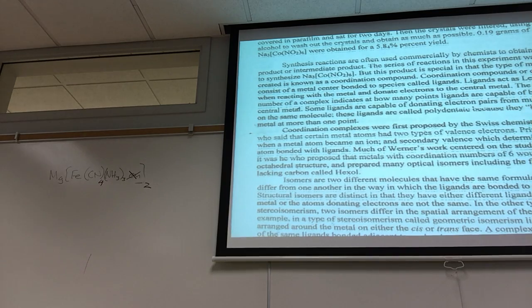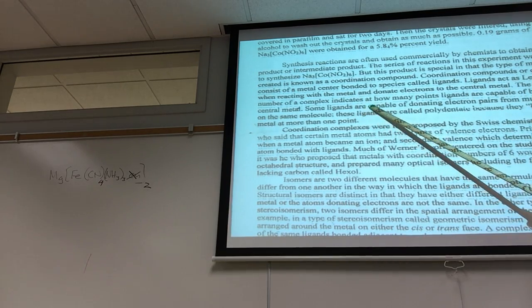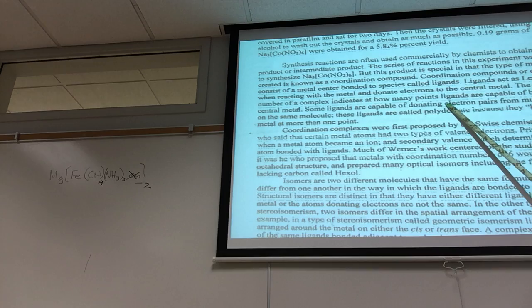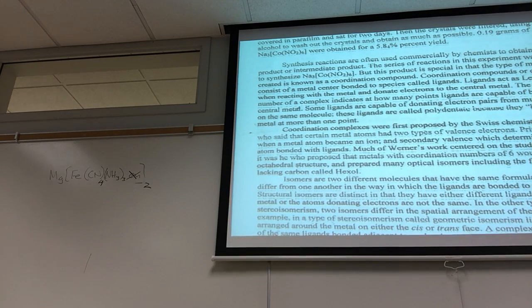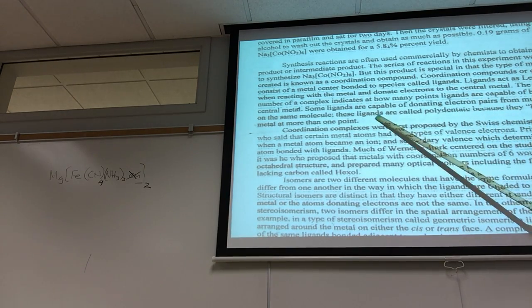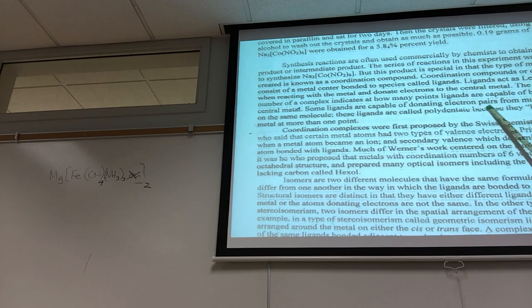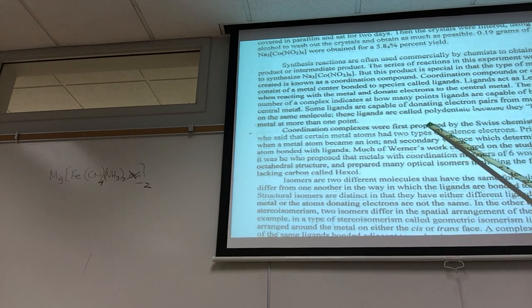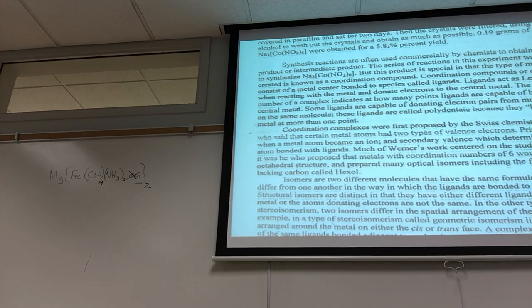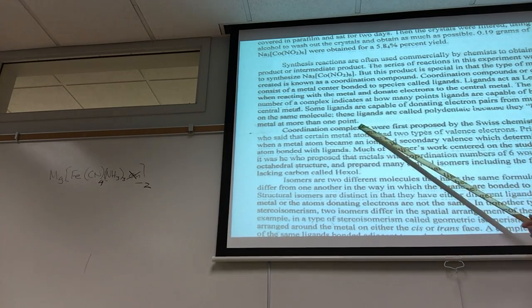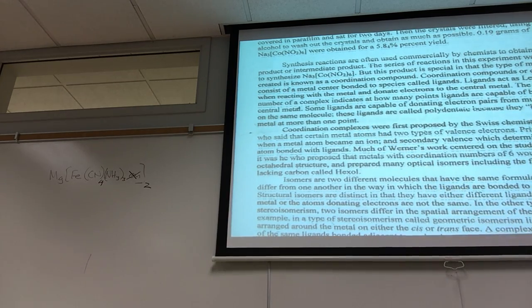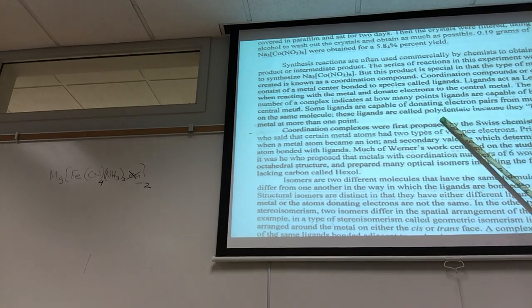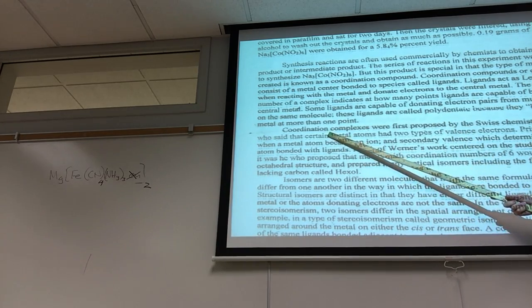The coordination number of a complex indicates how many points ligands are capable of bonding to the central metal. Some ligands are capable of donating electron pairs from multiple atoms on the same molecule. These ligands are called polydentate ligands because they bite the central metal at more than one point. And so, giving some background on complexes, let's see what the next paragraph says.